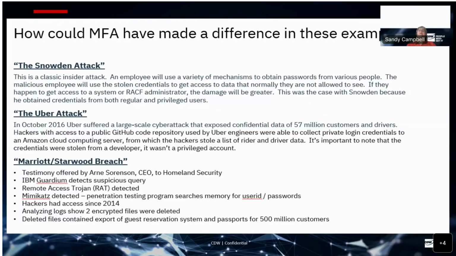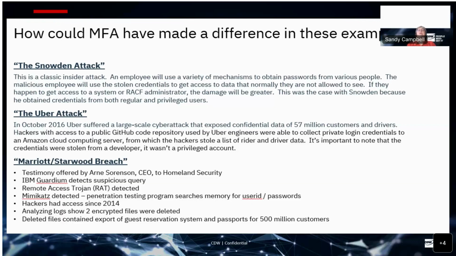So here are some examples of how MFA could have made a difference. Let's take the Snowden attack. This was a classic insider attack, right? They will use a variety of mechanisms to obtain passwords from various people. That malicious employee will take the credentials and get access to data that they're not normally allowed to see. And if they happen to get access to a RACF administrator, the damage would be greater, right?